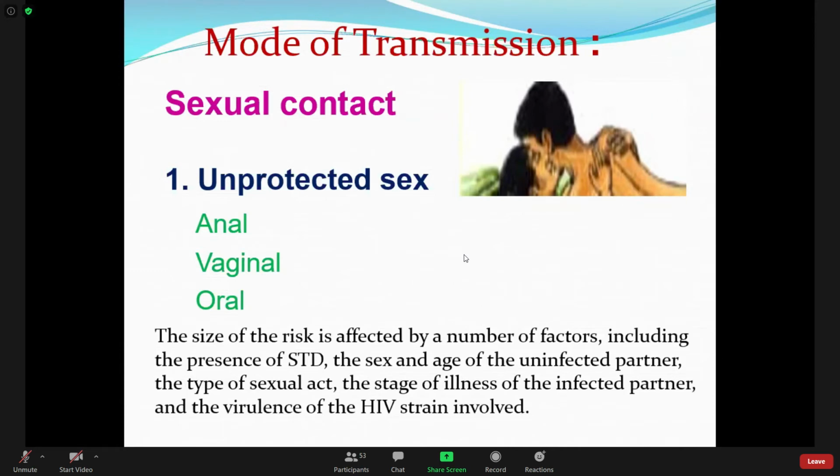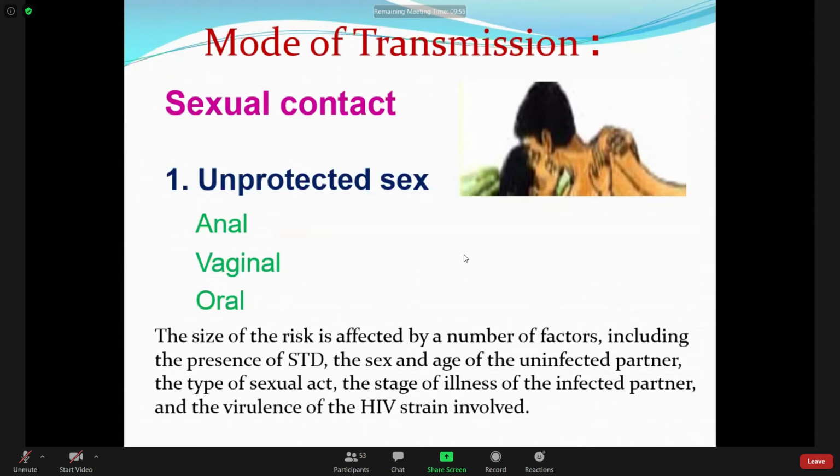Next is sex and age of the uninfected partner. Sex: if we compare male and female, the exposure part is larger among female.